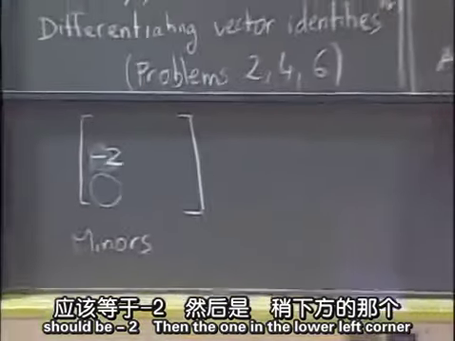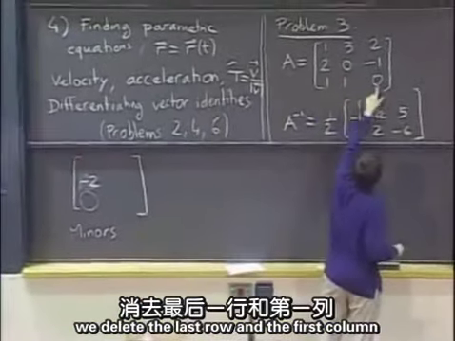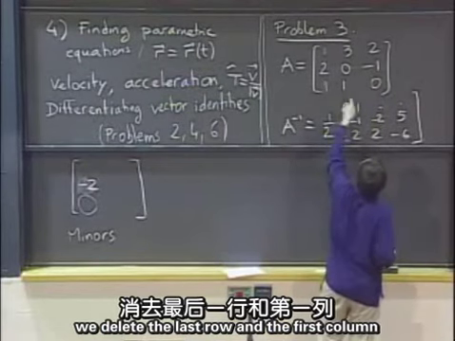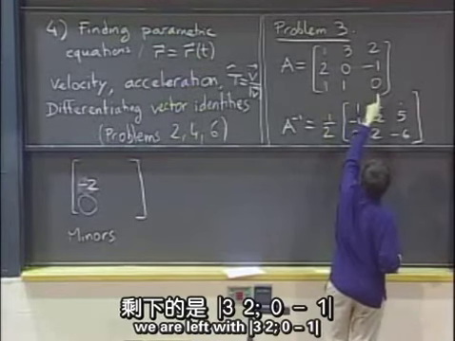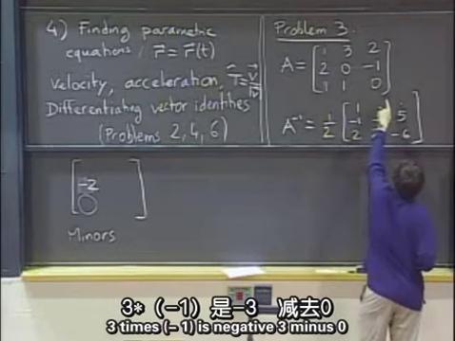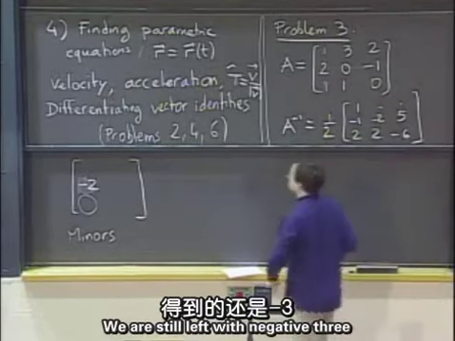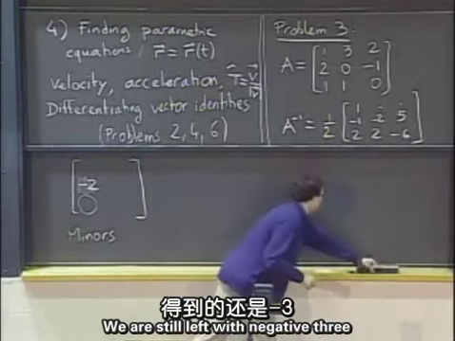Then for the lower left corner, we delete the last row and the first column. We're left with 3, 2, 0, minus 1. 3 times minus 1 is negative 3, minus 0. We're still left with negative 3.